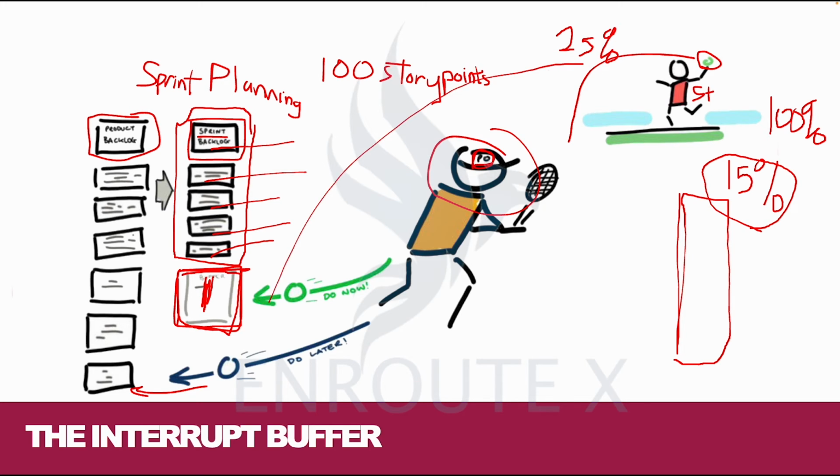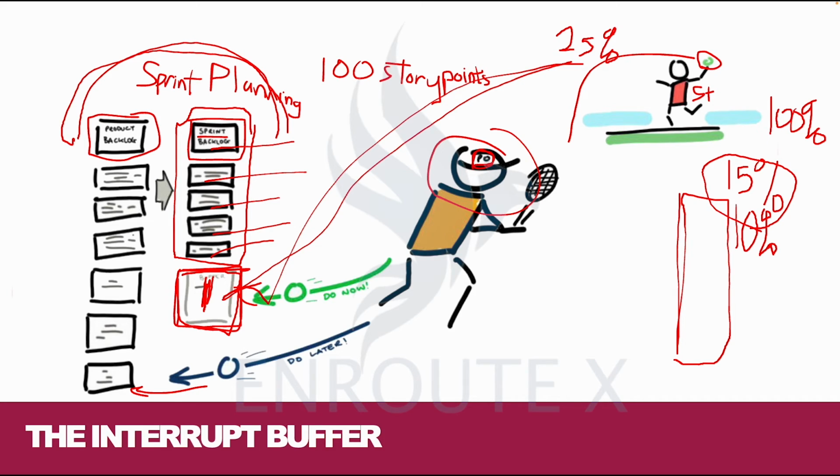For them to bring in 25, that means from the 85, 10% needs to go back to the product backlog. So they will look at which story is least in priority that would amount to the remaining 10%, and whichever story that amounts to 10% that is least in priority will be taken back to the product backlog to accommodate the entire 25% into the sprint. So that is how the interrupt buffer works.